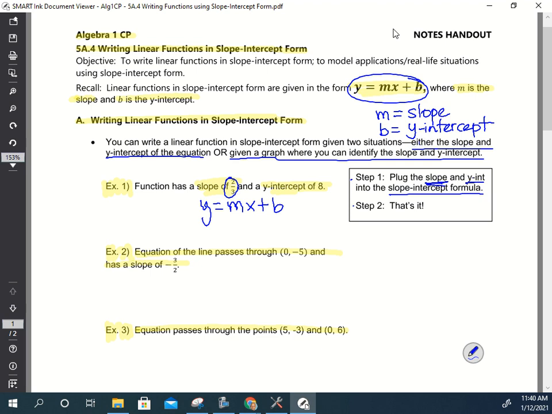The slope is 2/3, so that's your m value. The y-intercept is 8. That's your b value. Step 1, plug it in. Step 2, that's it. There's your answer. Problem's over. Congratulations, you just wrote the equation.